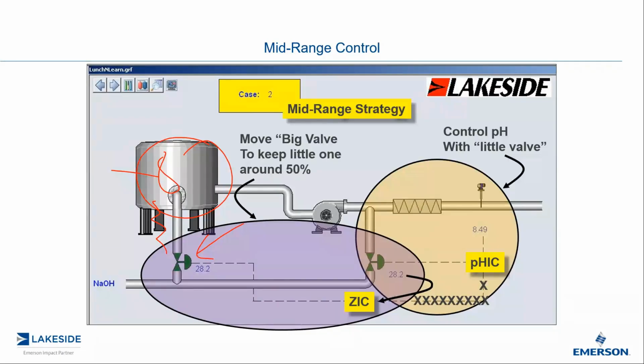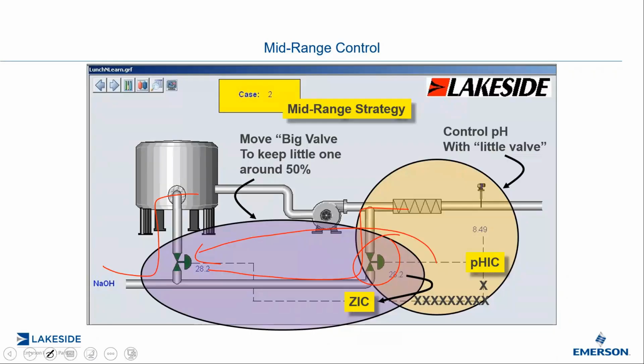Another question. In the mid-range control, can you transfer control from one valve to the other? I guess you could. I'm not sure why, unless there's a failure of some sort. So if little brother fails, then you can go control here. But obviously, you would have to change your tuning because the dynamics, if you were to control here, would be very, very different from controlling from here.